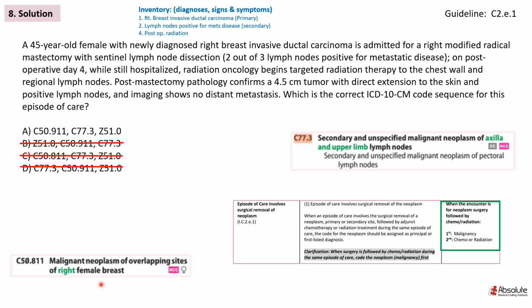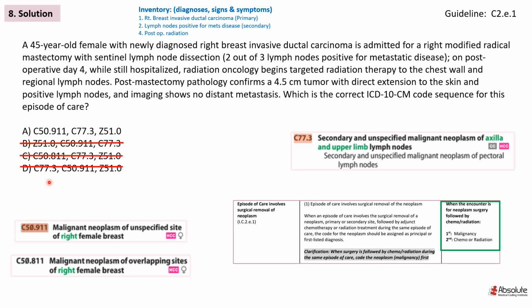But let's still take a look at this C50 code just to kind of solidify what I was telling you guys before about the secondary and primary sites, and how you can kind of tell at least what's secondary and what's primary just based off of the sequencing order of the numbers. So we have the C50.911, which is malignant neoplasm of unspecified site of the right female breast. This is definitely more in line with what we have going on here.